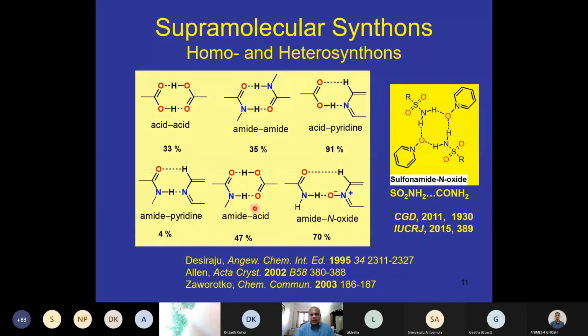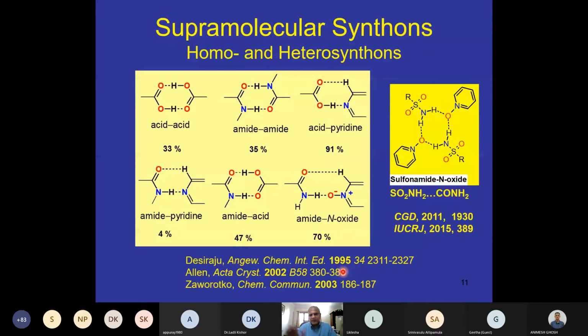On the other hand, if you have an acid amide, then you only have a 1 in 2 chance of success rate. Compared to that, acid-acid and amide-amide are just 1 in 3. So it's all relative because competition is happening between all the functional groups when you carry out a dynamic crystallization. And as we all know, the supramolecular synthon idea was advocated and proposed by Professor Gautam Desiraju in 1995.